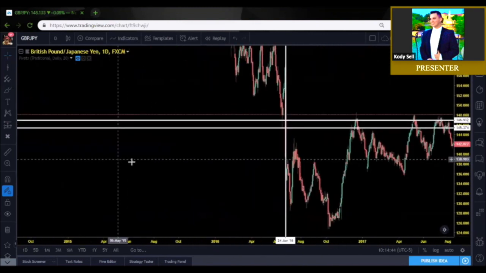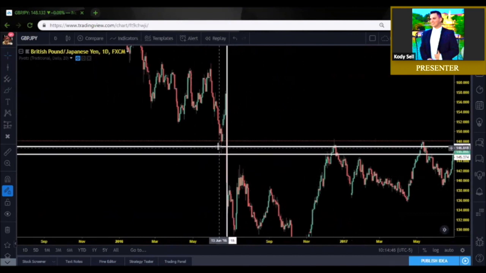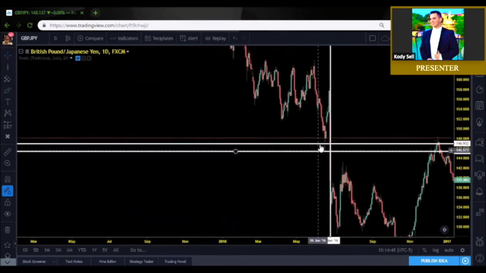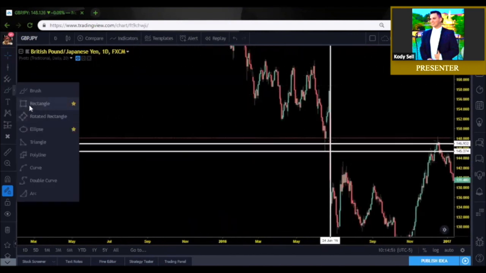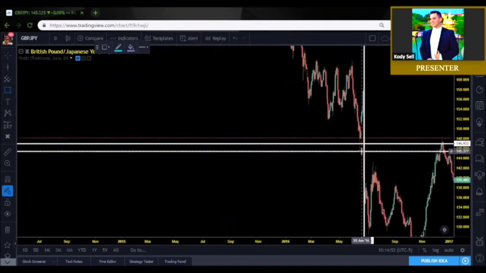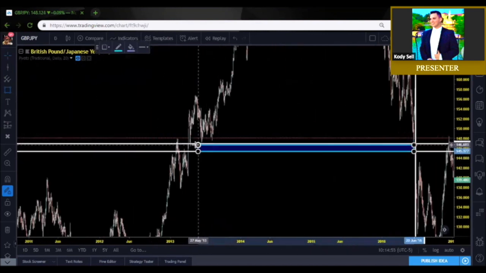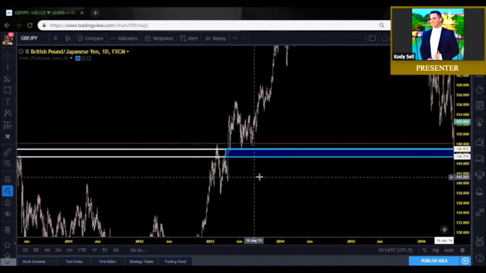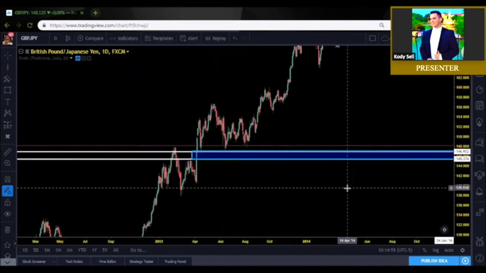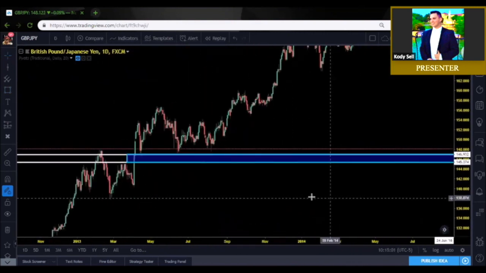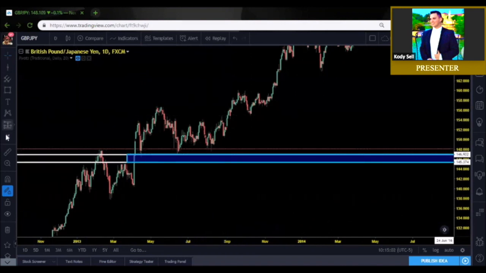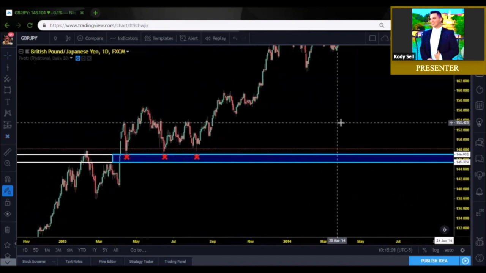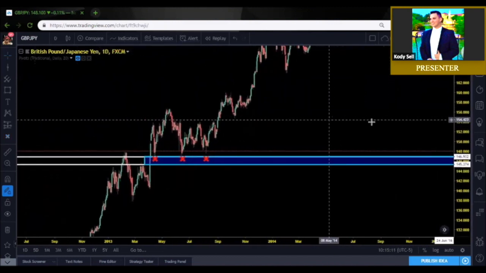This rally that we were seeing over here on the 4-hour time frame, which we marked in between these two lines, let me make this a zone, was, as we would expect, a demand zone. On the daily time frame, looking back, we have a clear demand zone in this area, and that is where this rally originally stemmed from.